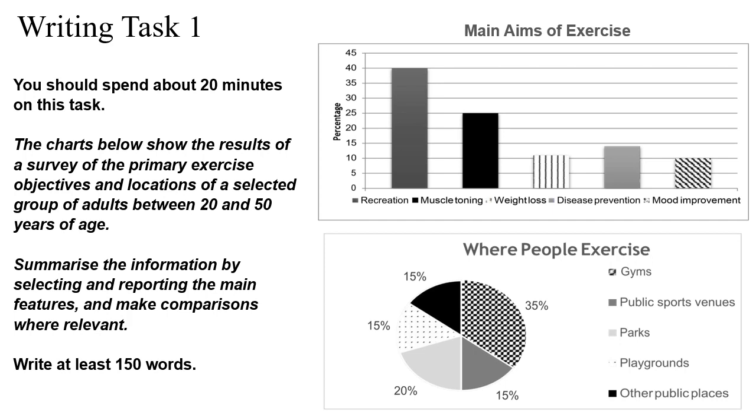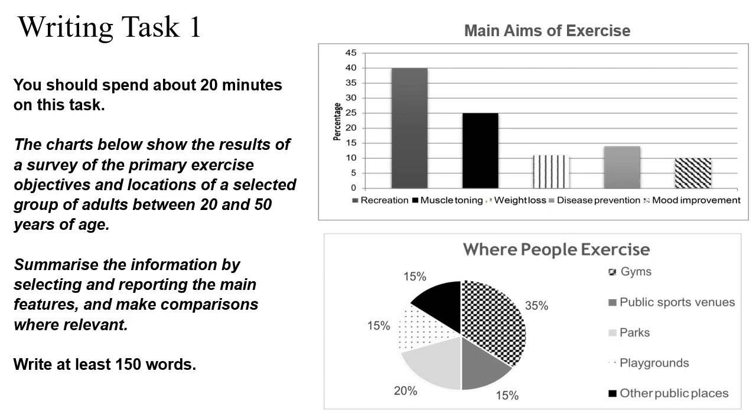The next chunk of text is a description of the 2 diagrams on the right. It says, the charts below show the results of a survey of the primary exercise objectives and locations of a selected group of adults between 20 and 50 years of age. This is the sentence that you should paraphrase.